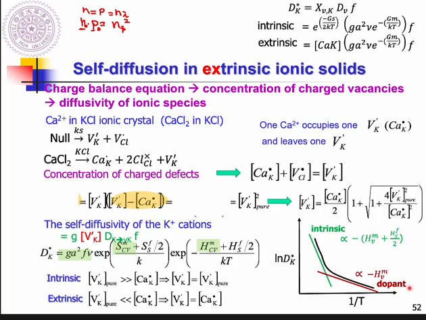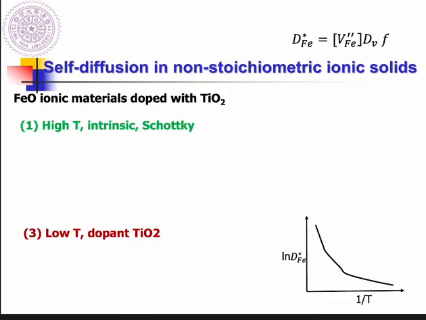The one we want to address is the non-stoichiometry effect. So we first formulate the DFE in terms of VFE, the vacancy at the iron site. At high temperature it is intrinsic Schottky defect formation energy, and at lower temperature it will be dopant control. Here we assume we have a Schottky defect formation in these materials.